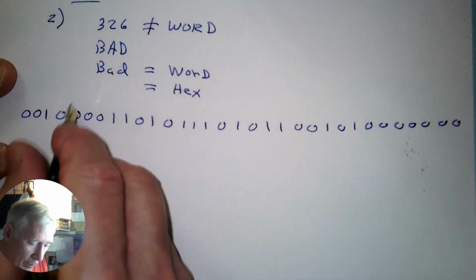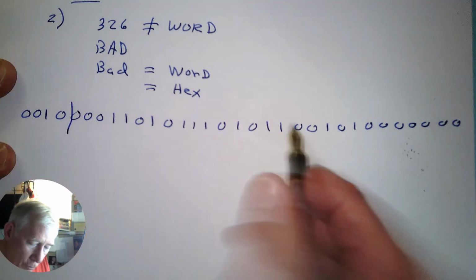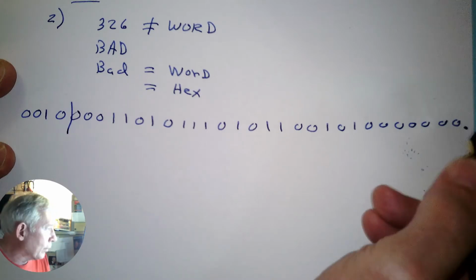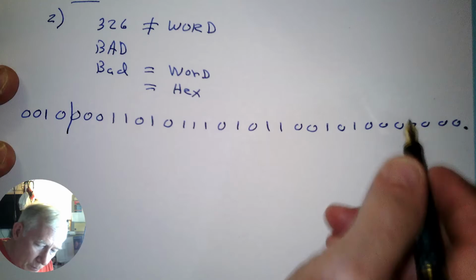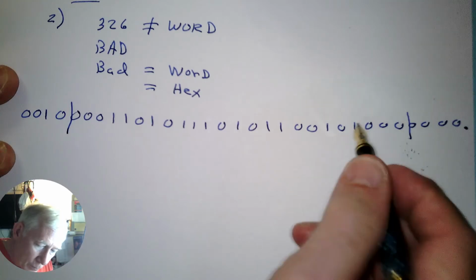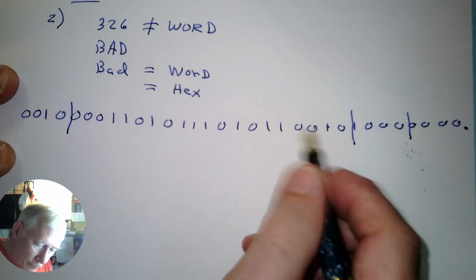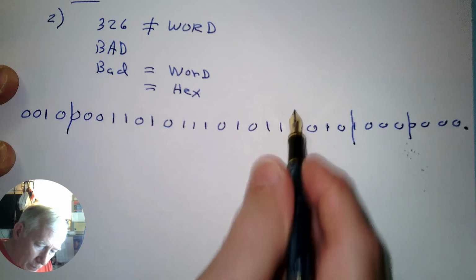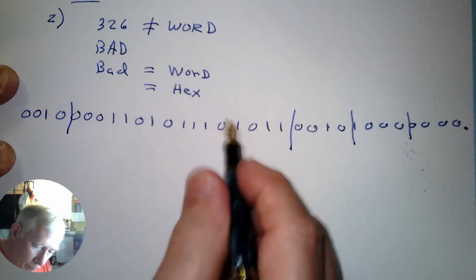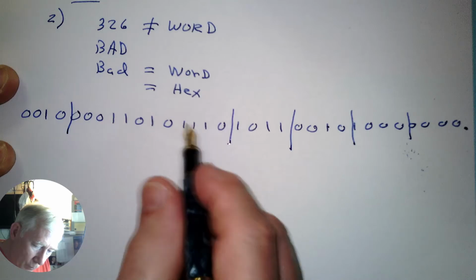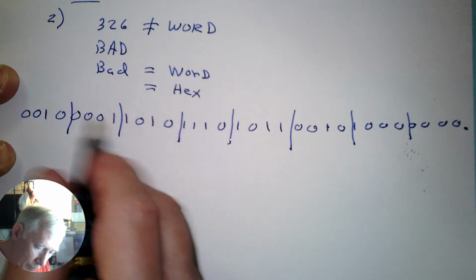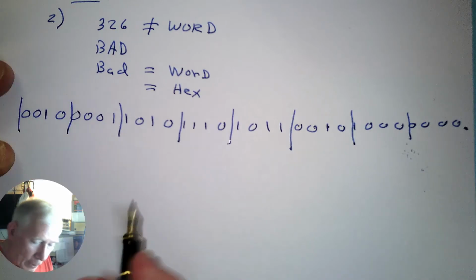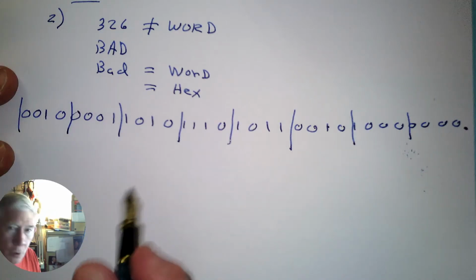What you can do instead is start at the binary point and divide the number into groups of 4. Then I can just write each group as one hex digit.